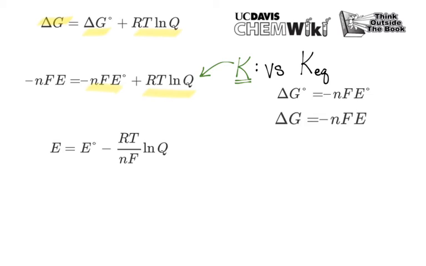And I can rewrite this as the electrostatic potential of the reaction is going to be equal to the standard potential of the reaction minus RT divided by NF, number of electrons, that would be ZF in a lot of our textbooks, number of electrons participating in the chemical reaction times Faraday's constant. That is all multiplied by the natural log of K, or the natural log of Q.